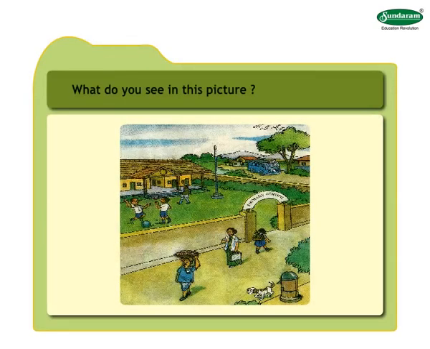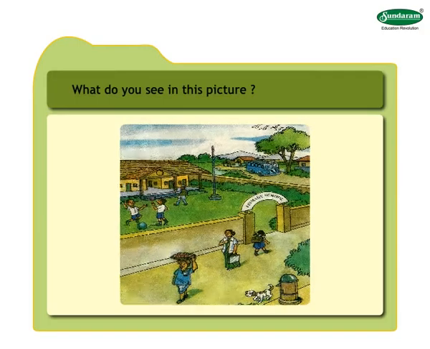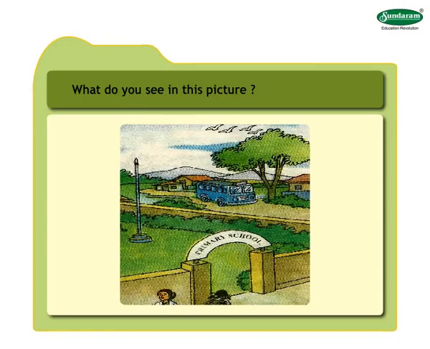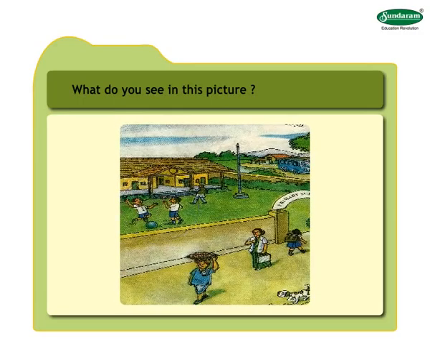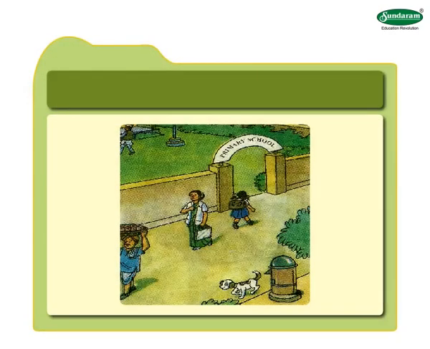What do you see in this picture? Yes, there is a primary school shown. Two students are playing inside the school, and a girl is outside the school gate. There is a post box in front of the school.